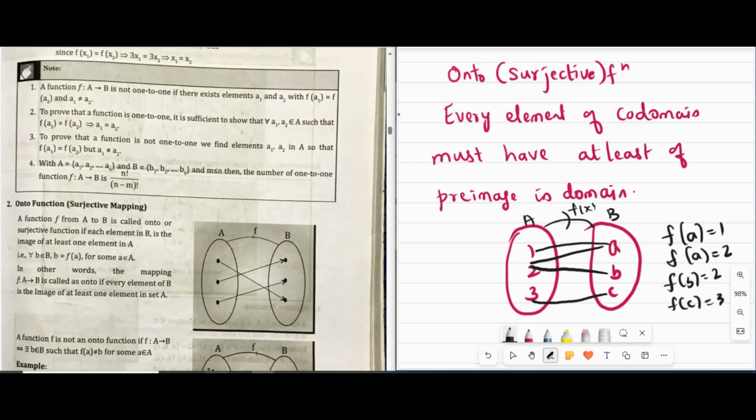So here every element of codomain has one pre-image, but it can also have two pre-images. Then it is called an onto function or surjective.